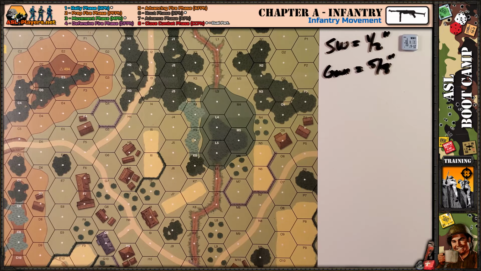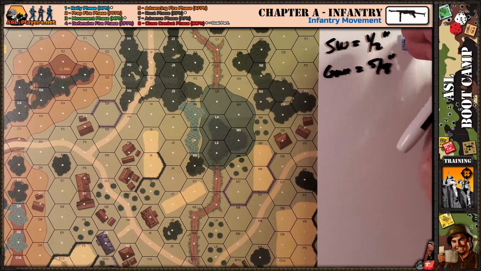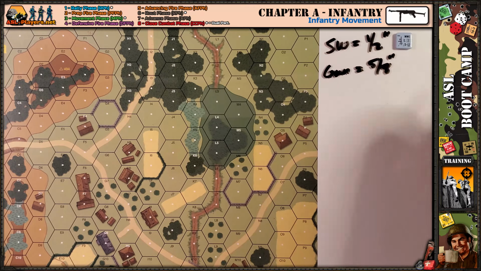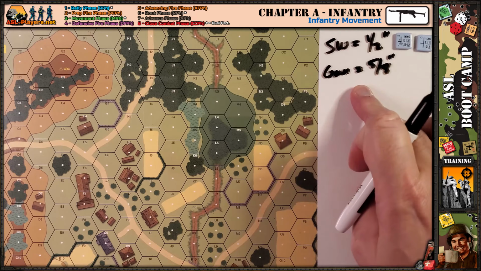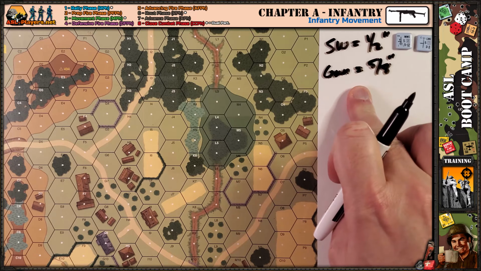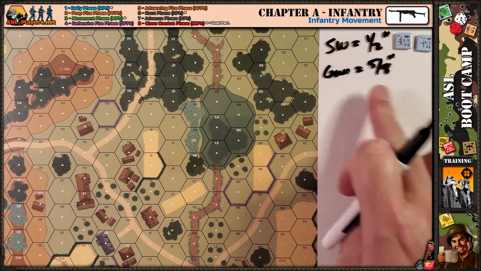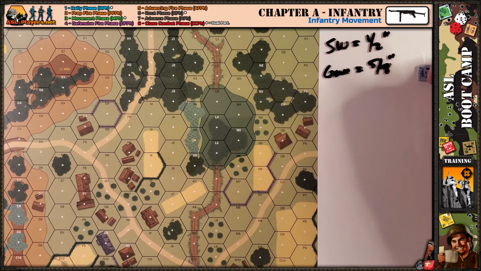Guns can be manhandled, and that's a completely different subject from Chapter C, and it's a completely different process than portaging a support weapon. So any piece of equipment that is on a half-inch counter and has a portage point number on it is a support weapon. Guns, larger counters, cannot be carried. They have to be manhandled, or they pretty much don't move the entire game.